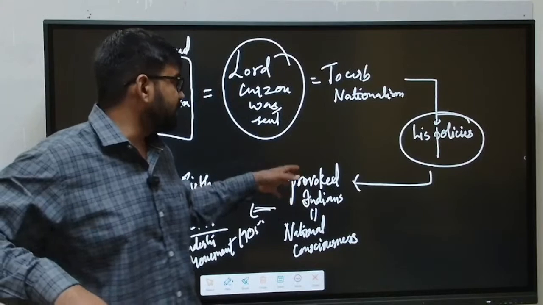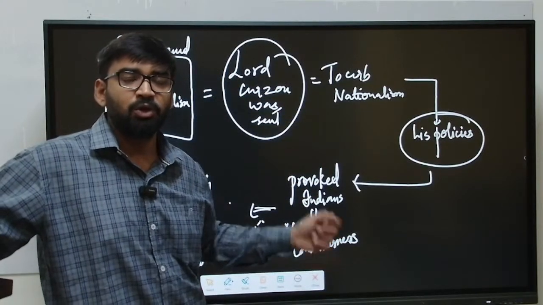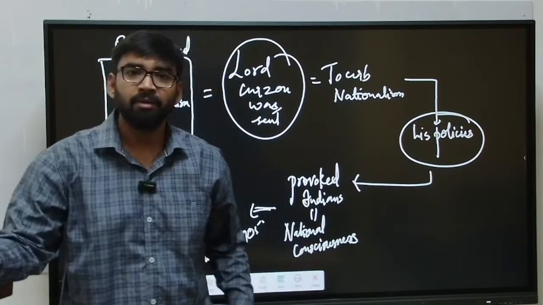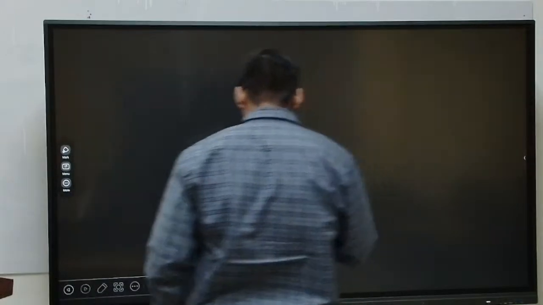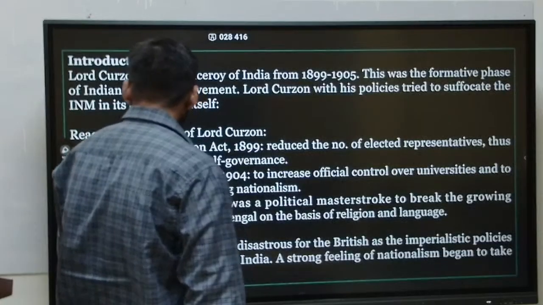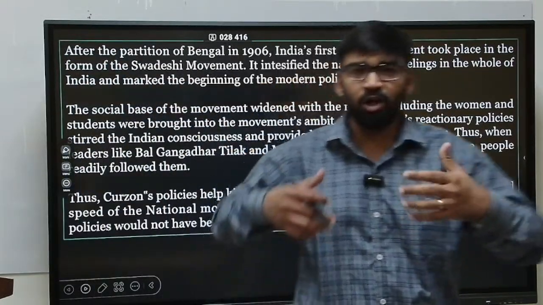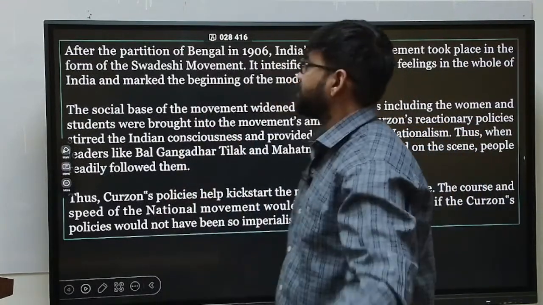So before starting your answer, if you draw this chart, you will get additional weightage in your examination. This is the answer. After the partition of Bengal, the tradition of the Indian national movement started.